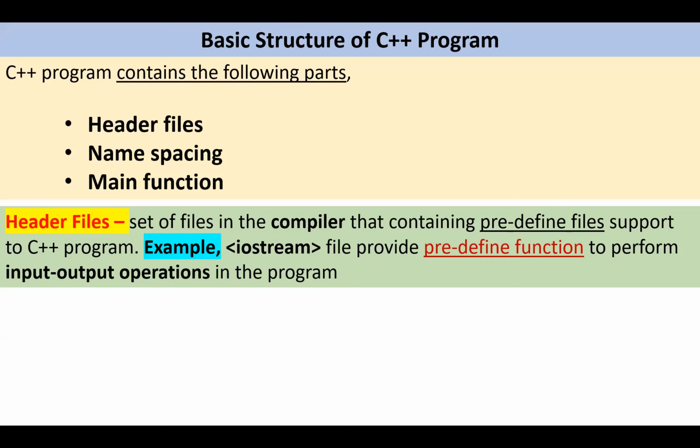In other words, if we want to do input and output operations, we must include the header file called iostream. iostream provides all the predefined functions that support input and output operations.